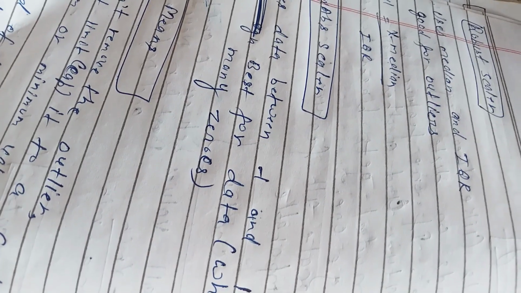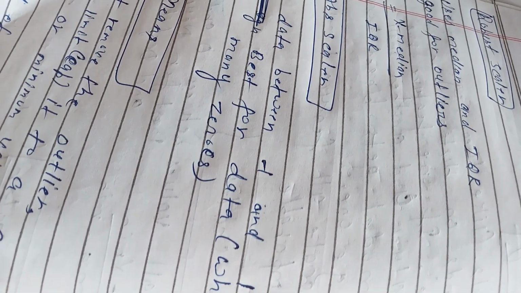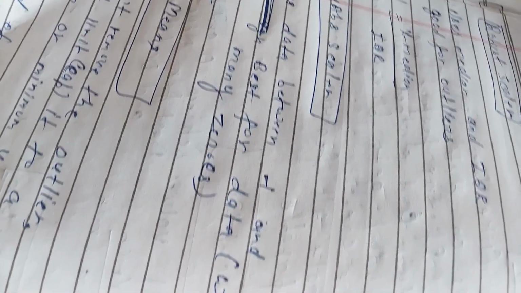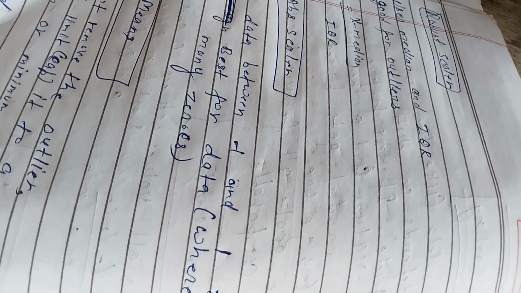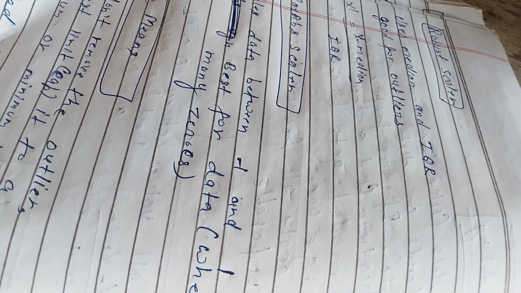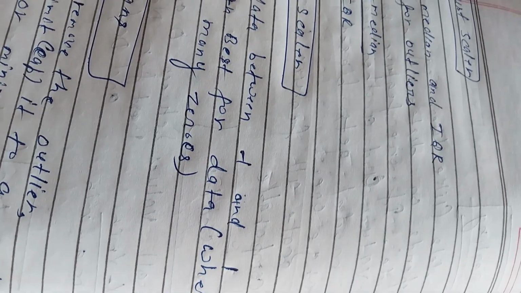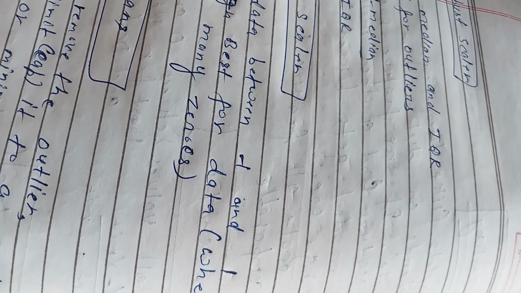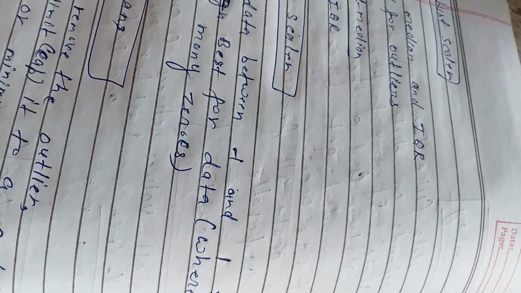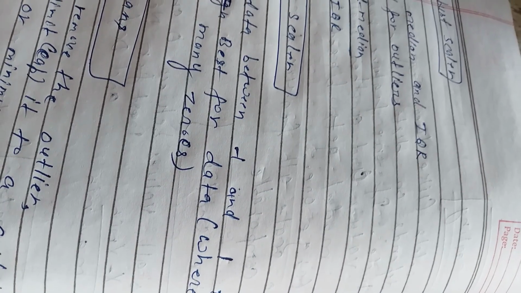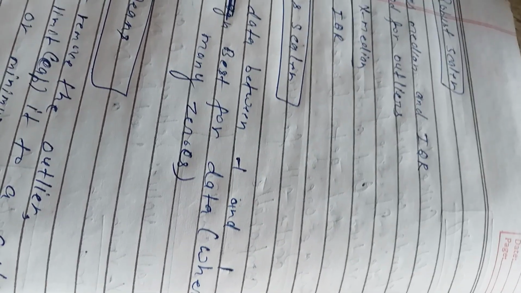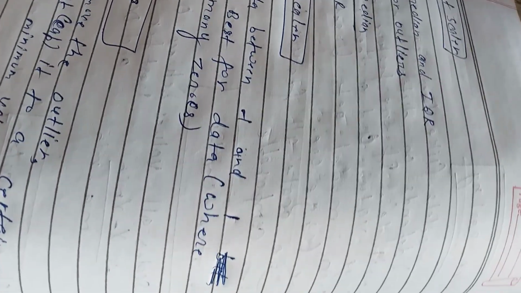You don't need to remove the outliers, you just limit them to a certain maximum or minimum value. Instead of deleting the data, you bring it closer to the rest of the data, putting the outliers at the upper and lower values. So this is the concept of capping outliers.